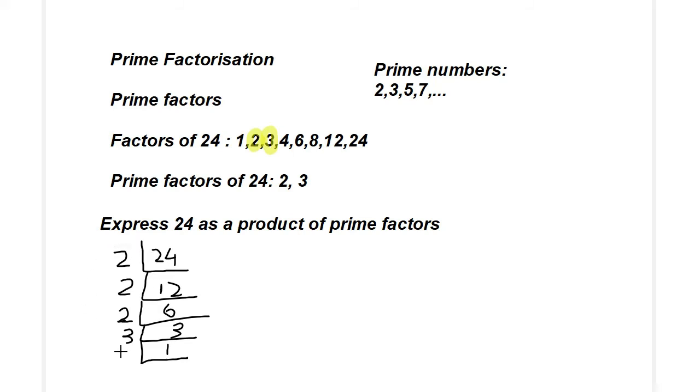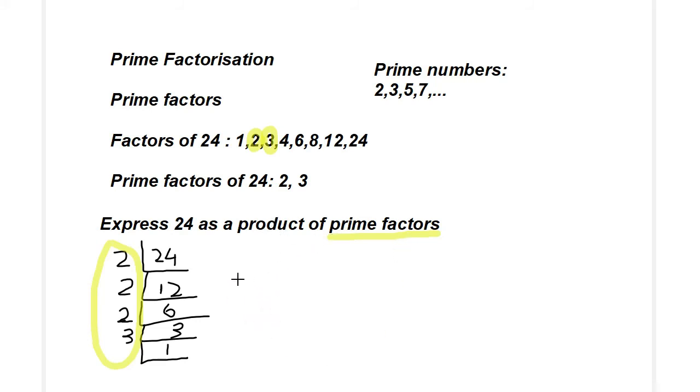So all these numbers here are prime factors of 24. We can express 24 as a product of prime factors.